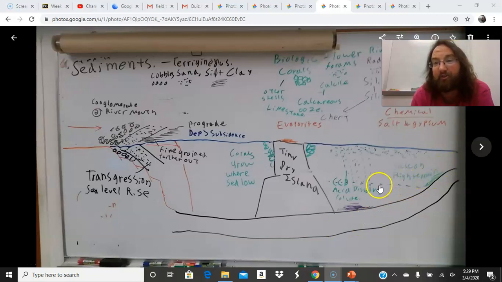As you get deeper in the ocean, the water gets more and more acidic, and at some depth, known as the CCD, the calcareous ooze dissolves. So even if there are more calcite shells in the water than silica shells, below this depth you're going to see primarily siliceous ooze.